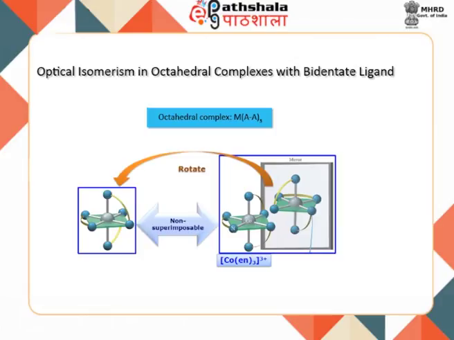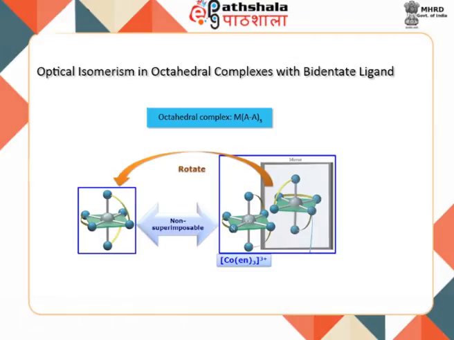Now let us discuss the first, octahedral complex M(AA)3, that is an octahedral complex having 3 identical bidentate ligands. The tris ethylenediamine cobalt 3 ion is an example of this type of system.